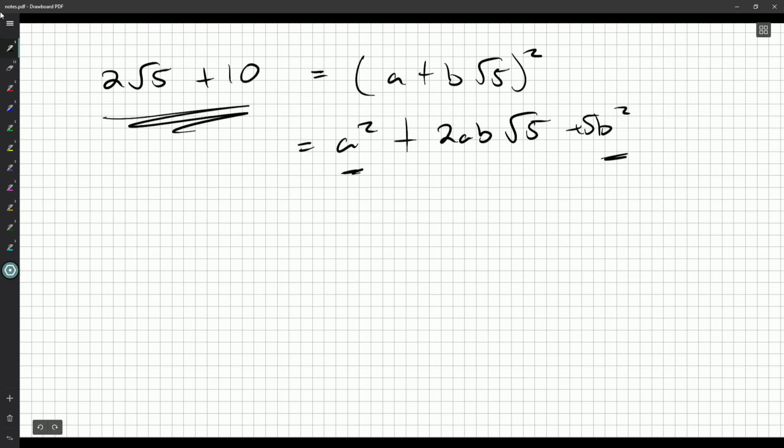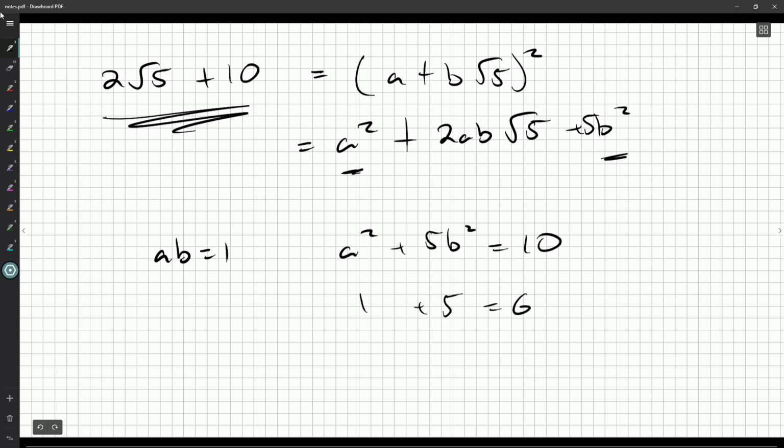All over 16, okay. So I need AB to be equal to 1, but I need A squared plus 5B squared to be equal to 10. I'm not liking that so much. Now, if A and B were both 1, I'd get 1 plus 5, which is 6.